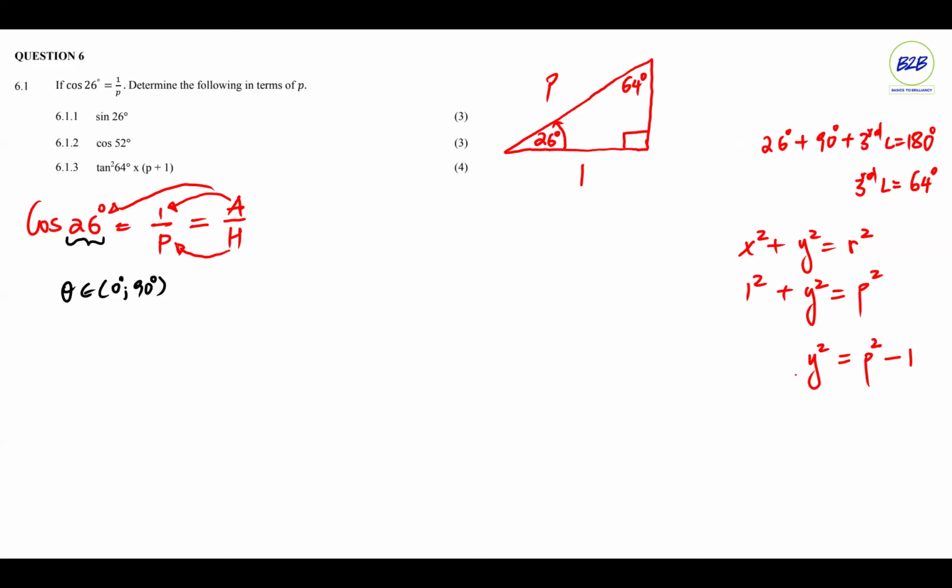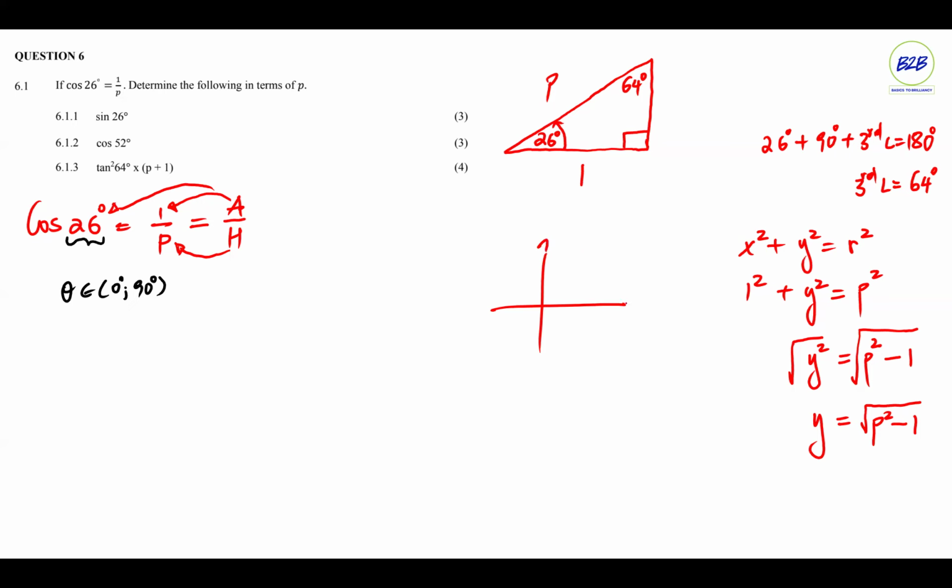And then we take the square root on both sides, and then we have y is equal to the square root of p squared minus 1. And why do we always take the positive one now? Can we say plus or minus the square root of p squared minus 1? No. Why? It's because, remember, we said our right-angled triangle is in the first quadrant.